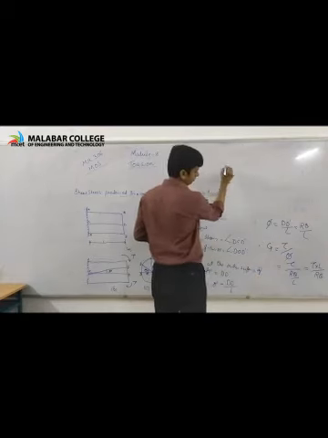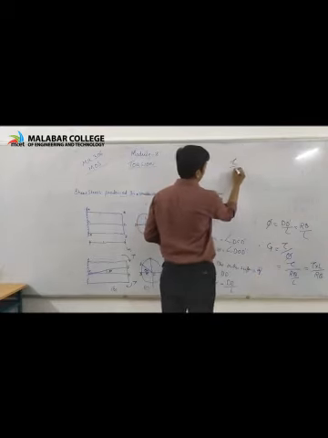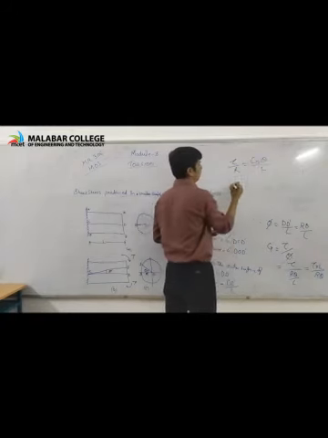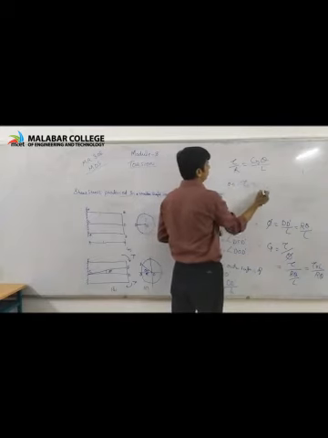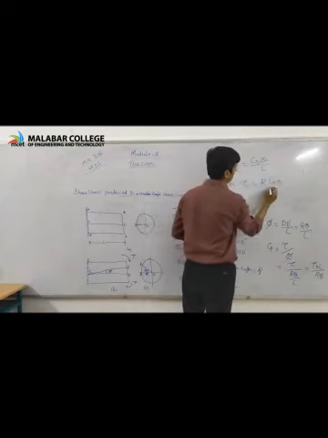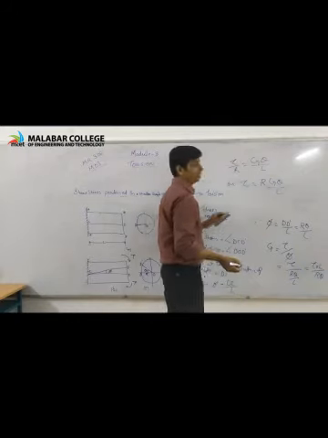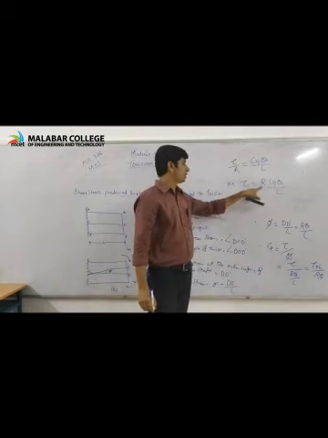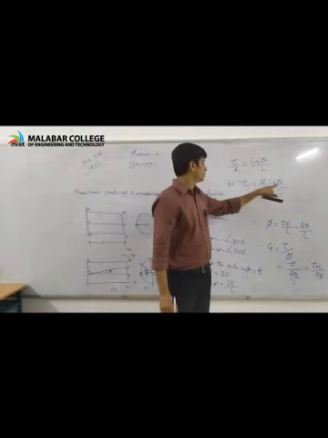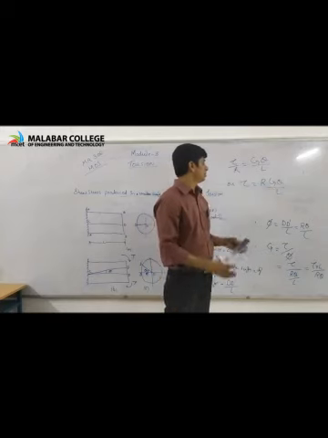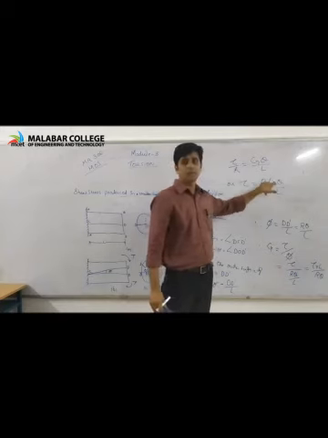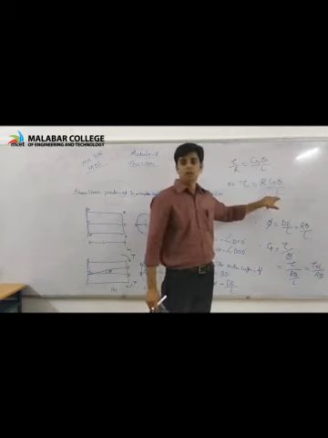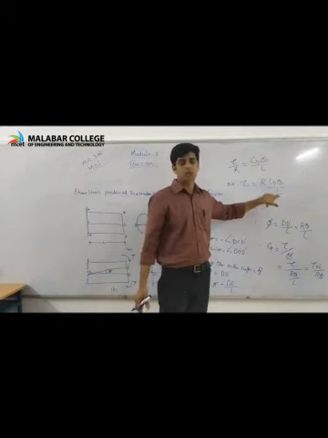Or we can write tau by R is equal to G theta divided by L, or tau is equal to R into G theta divided by L. From this equation we can understand that the shear modulus G, the angle of twist theta and L are all constants.